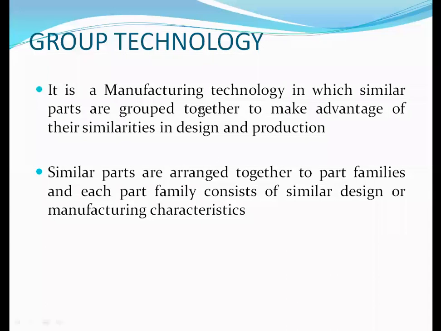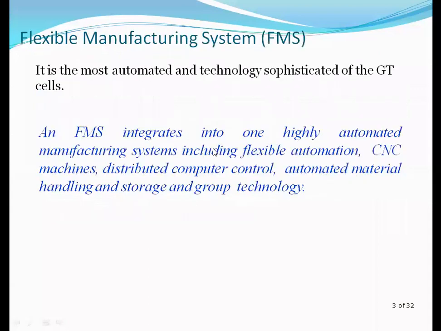Whatever grouping of components or part families is made, this group technology is used in your FMS, which is nothing but flexible manufacturing system. What does flexible manufacturing system mean? It is a use of group technology, and it is a sophisticated manufacturing system. Sophisticated in the sense that it is a highly automated system including CNC machines and distributed computer control.